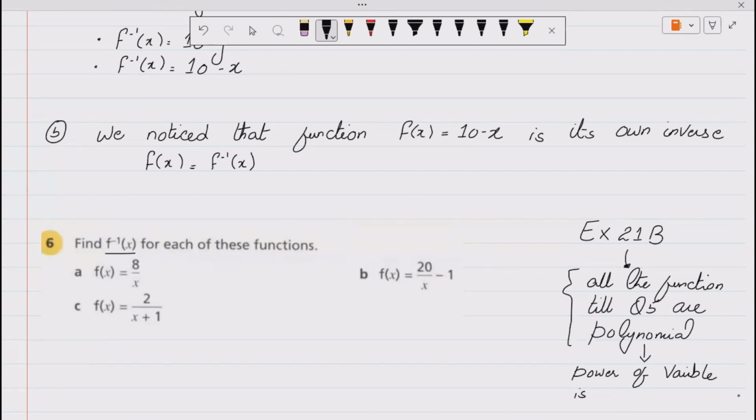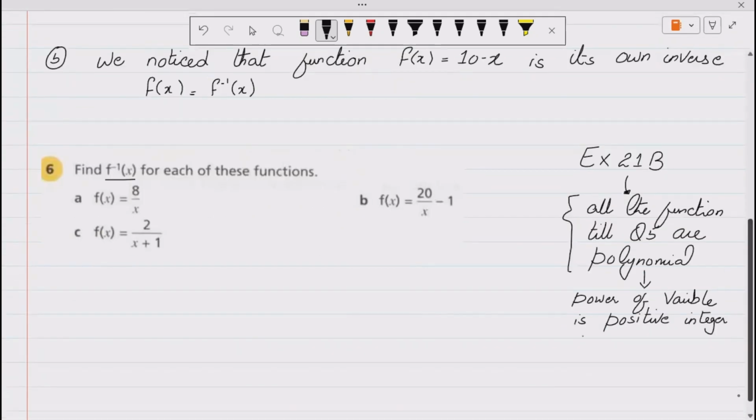The power of the variable is a positive integer or 0, right? So the power can be 0 or a positive integer. These functions are called polynomials.